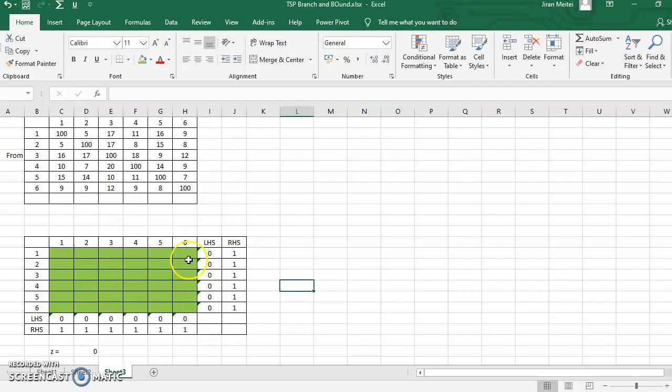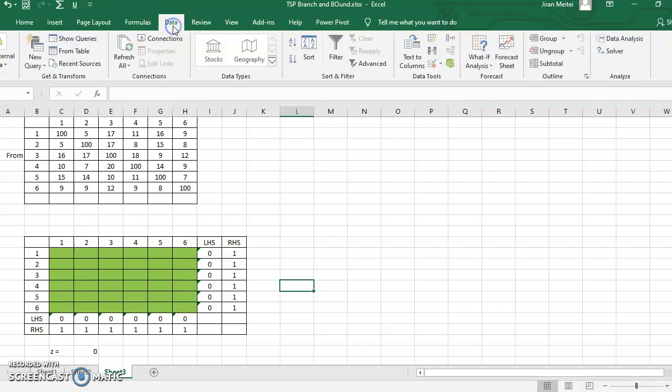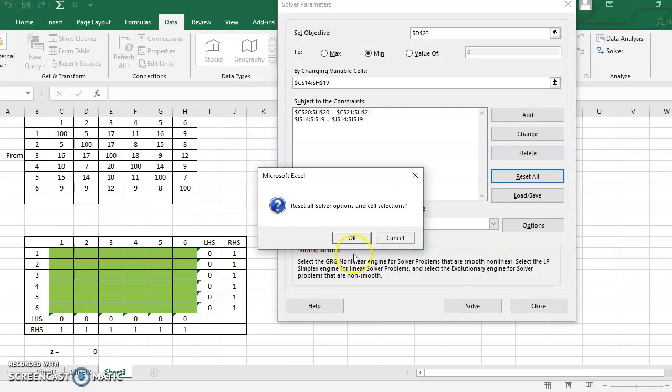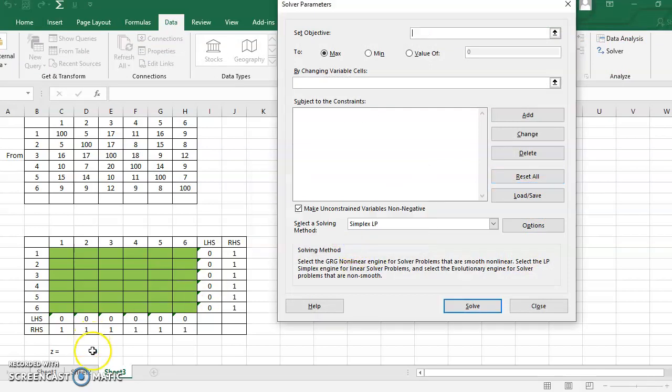So this is the assignment. This is a worksheet for calculating the assignment solution. Let me find our assignment solution first. This is the space for the objective function.